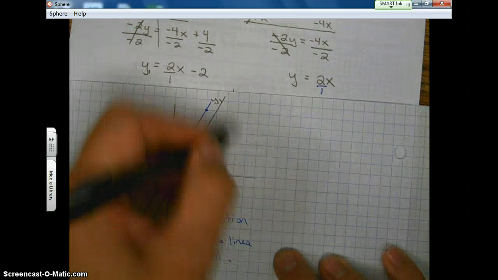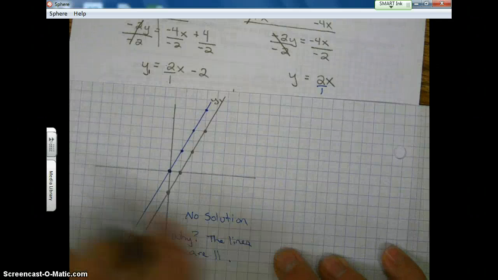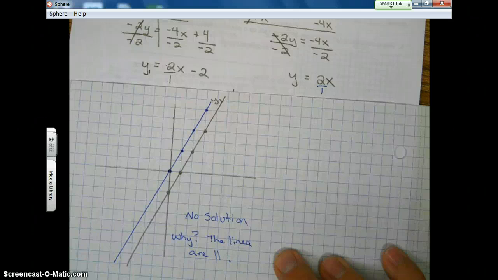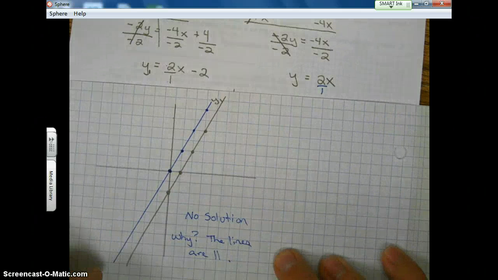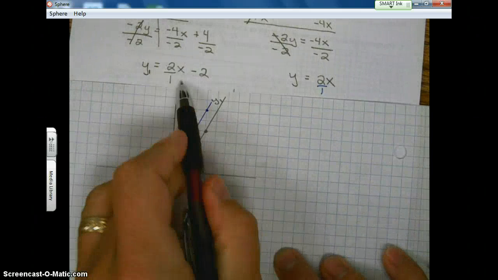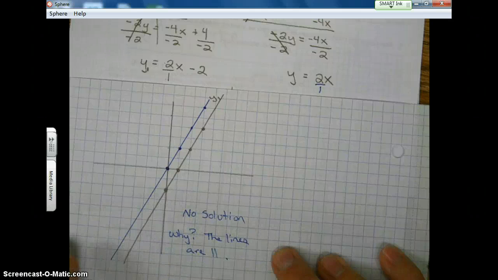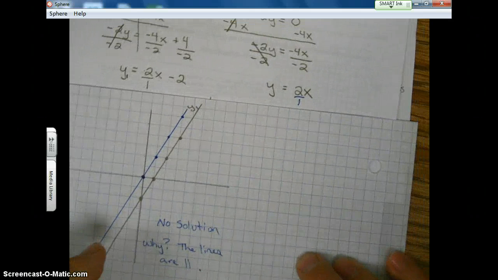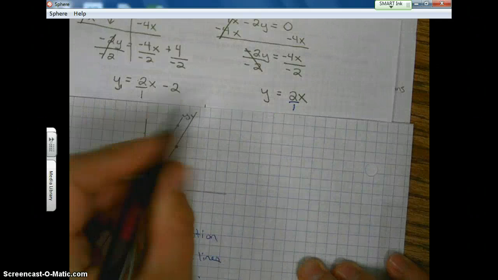Okay, so you could have figured this out by looking at the two equations. Do you notice anything about the two equations that say, hey, these lines are parallel? Look at the two equations. Anything they have in common? If you said the slopes are the same, you are correct.